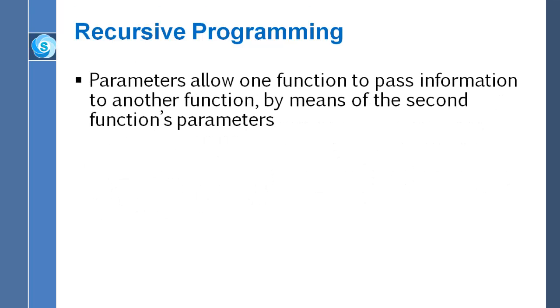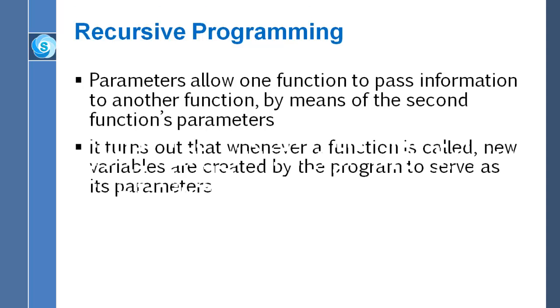So as we say, one function can pass information to another function by means of the second function's parameters. What you may not realize is that when that second function gets called, that's the moment when the parameters get created. Those variables don't even exist in memory until the function is called.